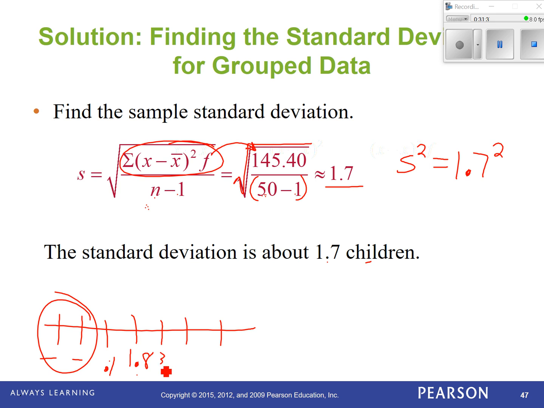And if we add it here, that'd be 3.5, and then 5.2, and then 6.9. So that's sort of what it looked like. If we graph this, it's probably not going to be symmetric. It's not going to really fit the bell curve.